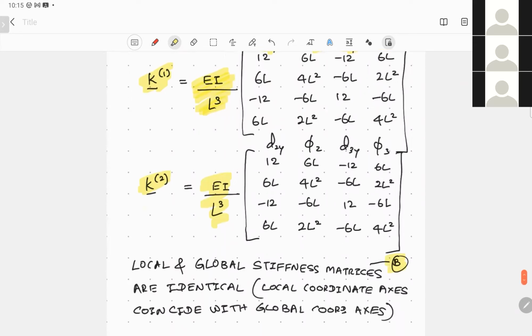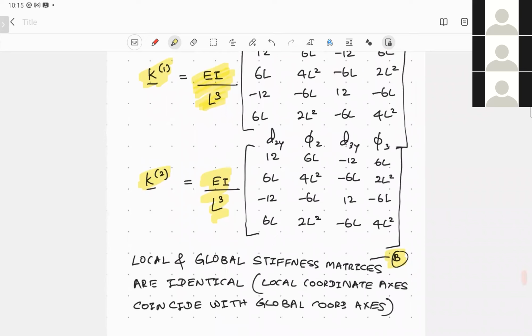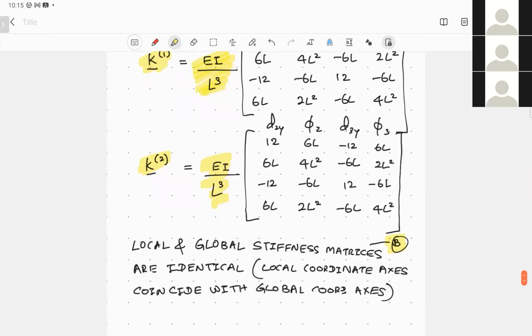Now, the next thing is nothing new. Using these element stiffness matrices, you can use the direct stiffness method to construct the global total stiffness matrix. Since the local coordinate system and the global coordinate system coincide with each other, we can skip using the hat symbols because there's no rotation in this case.